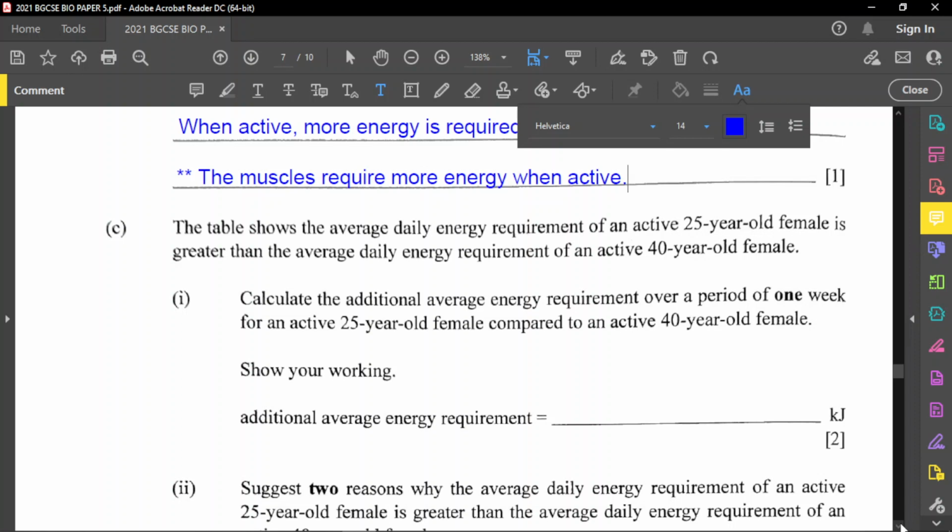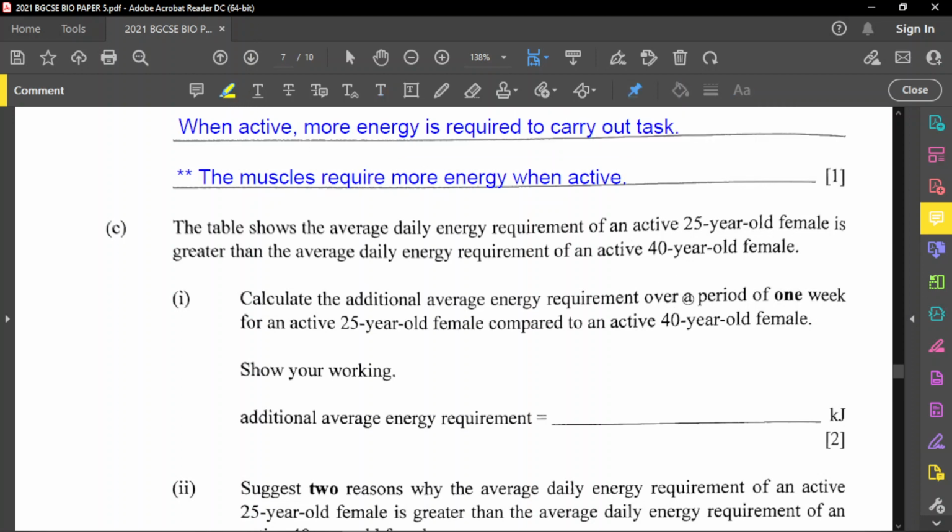We need to calculate the additional energy requirement over a period of 1 week for an active 25-year-old female compared to an active 40-year-old female. Let me highlight what is key here: over a period of 1 week.